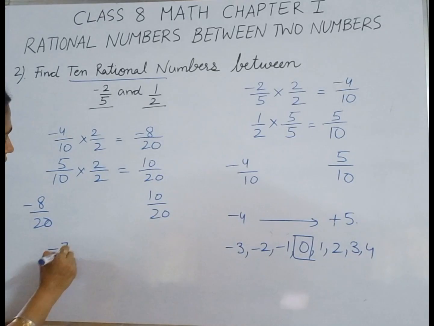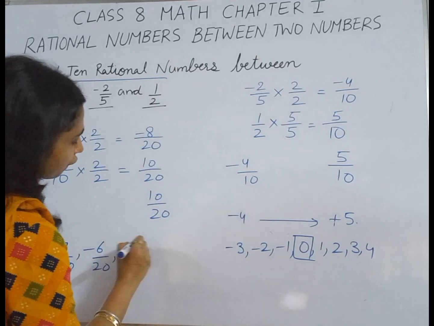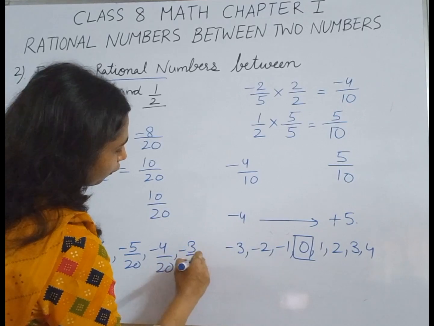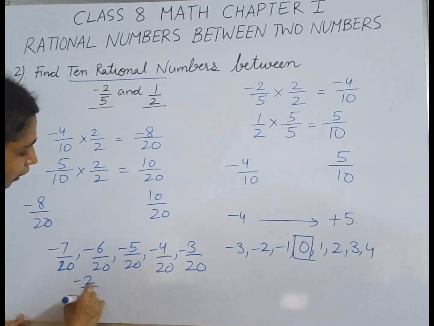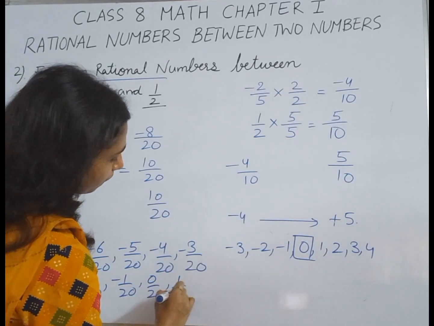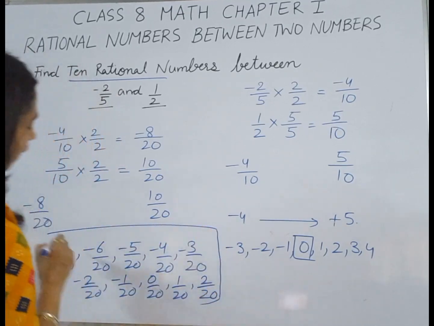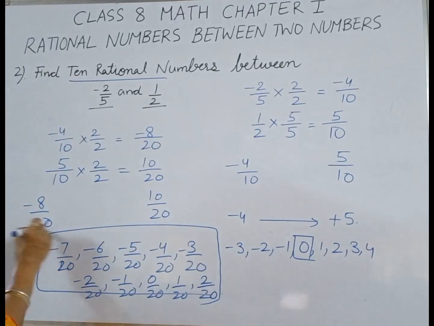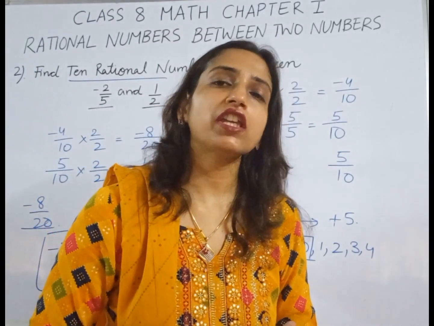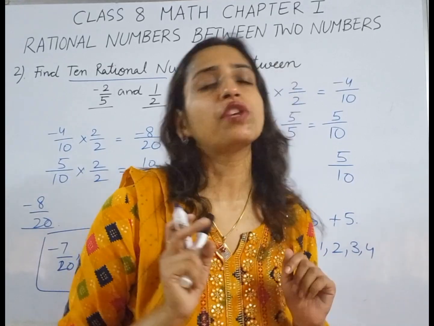Those numbers would be minus 7 upon 20, minus 6 upon 20, minus 5 upon 20, minus 4 upon 20, minus 3 upon 20, minus 2 upon 20, minus 1 upon 20, 0 upon 20, 1 upon 20 and 2 upon 20 (these are the rational numbers between minus 8 upon 20 and 10 upon 20). In this way we can find as many rational numbers as we want between any two given numbers.